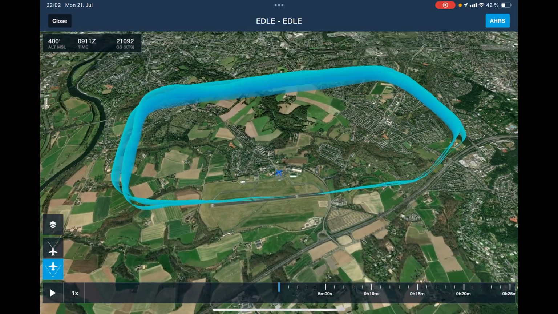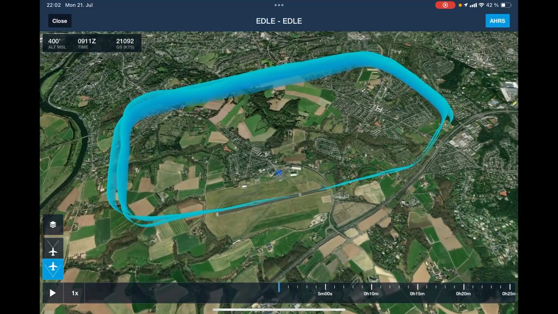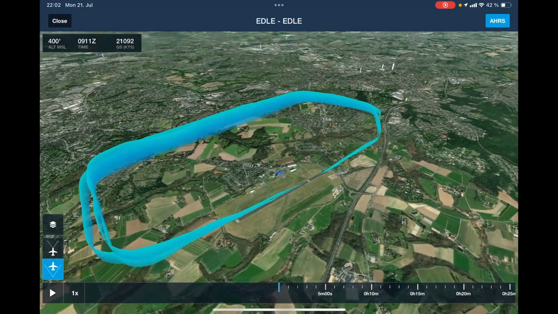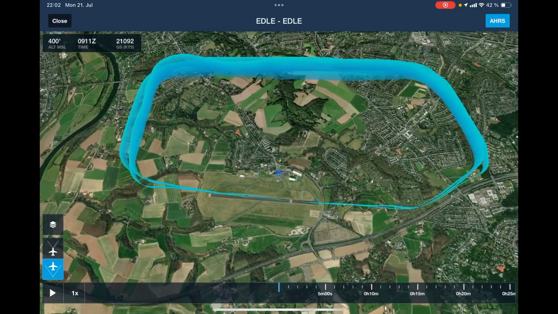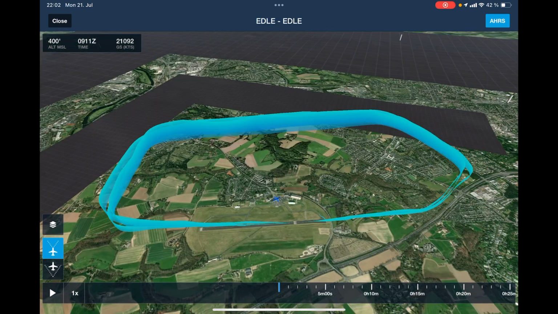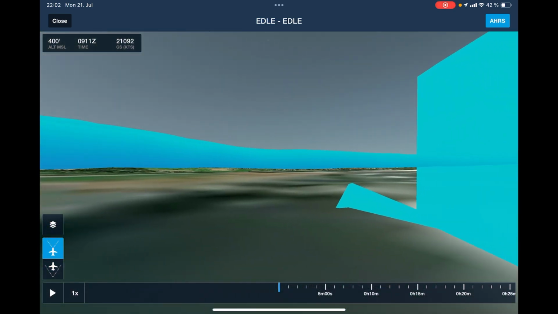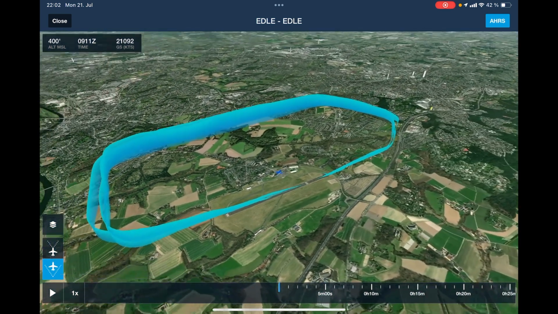One of the things I don't like is that I'm not able to select a certain leg, and it shows me these layers as well, but still I feel that it is very valuable. You could change the settings to a pilot's perspective from inside the cockpit, and you could see it from an outside perspective as well.